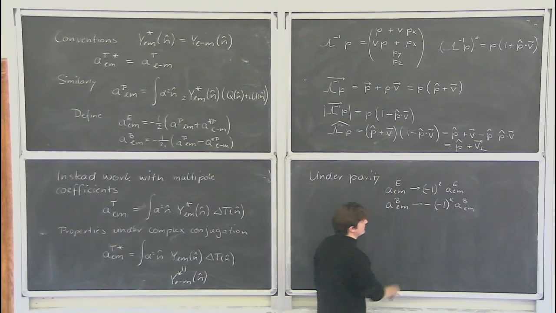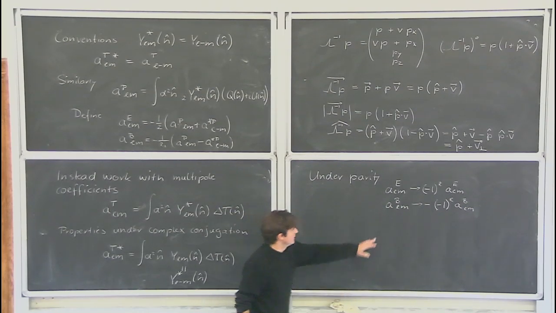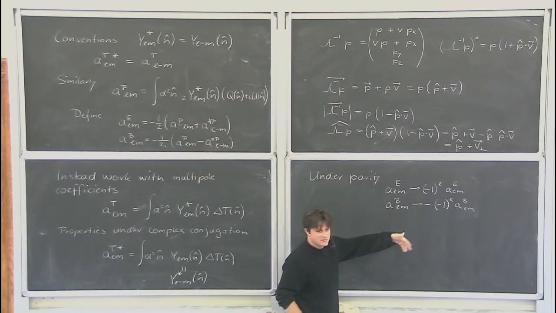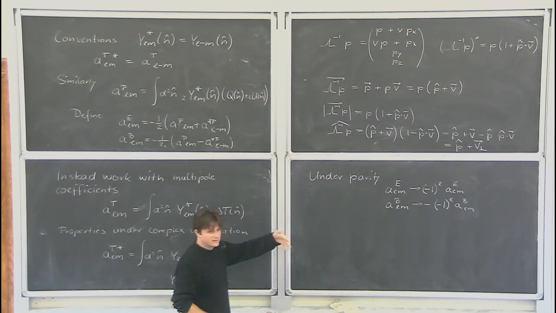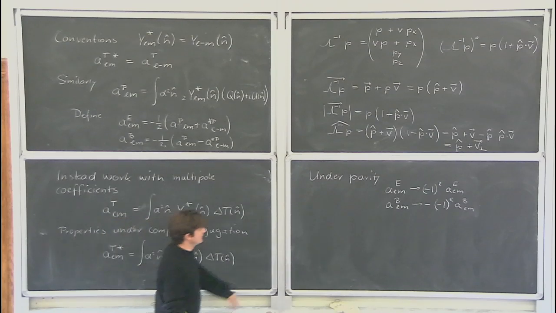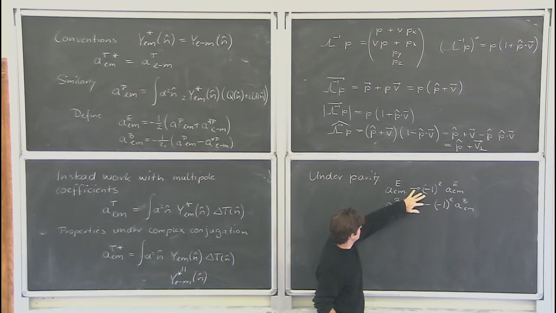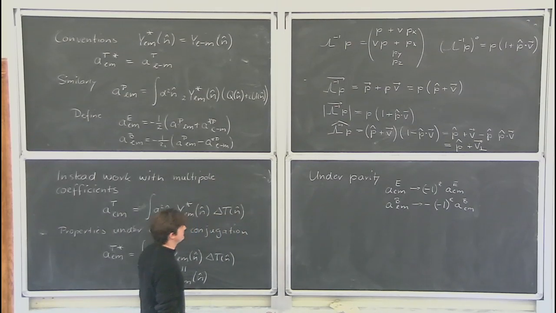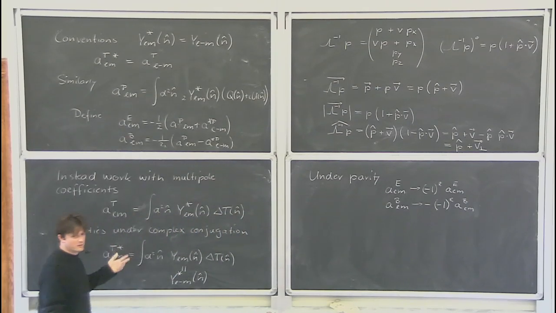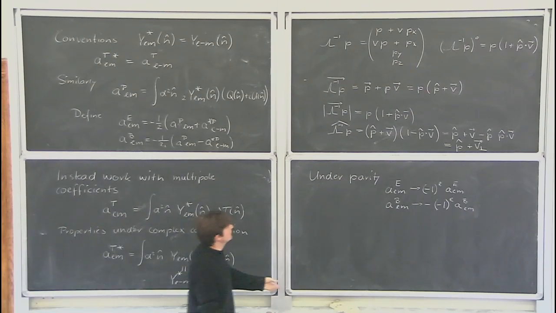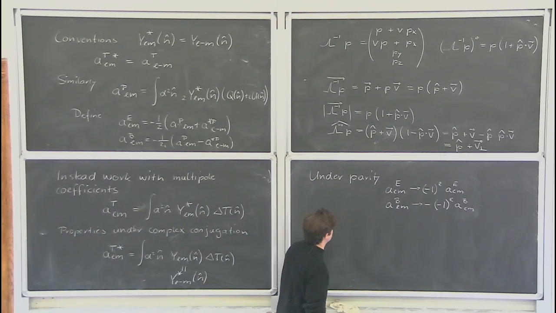And this transformation property is also responsible for the name. So this roughly transforms like an E field. This roughly transforms like a B field. It's not really quite true because these aren't vectors. They're really spin 2 objects, but this is in any case the analogy that gives them the name of E and B modes. Okay, so these are the multipole coefficients for temperature and polarization. It's just notation, really, just conventions.